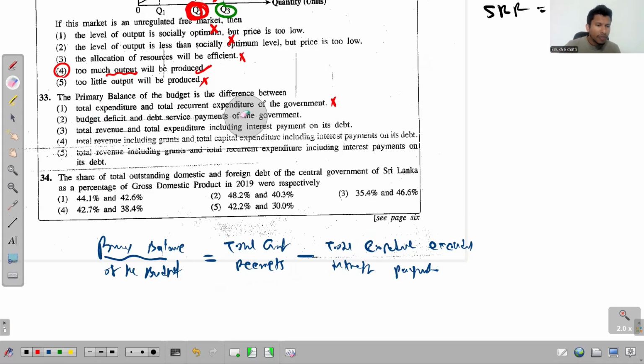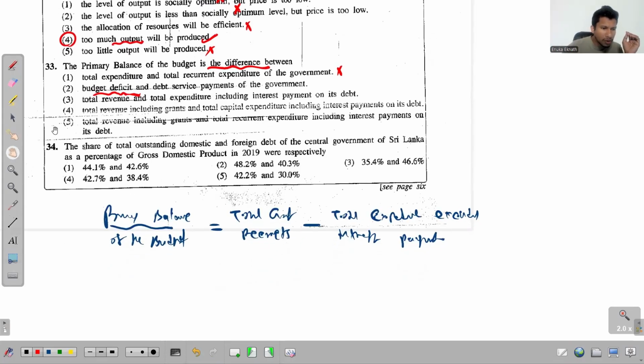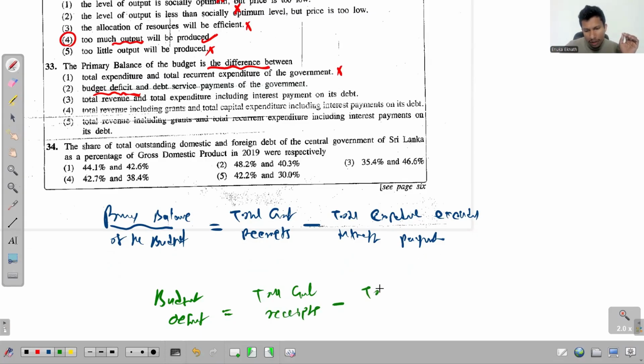Second one says budget deficit and debt service payments of the government. Okay, so it is the difference between budget deficit and debt service payments. Let me show you this budget deficit. This is how we calculate the budget deficit. Budget deficit is equal to total government receipts minus simply total expenditure.